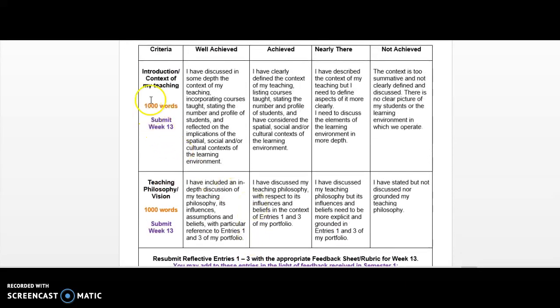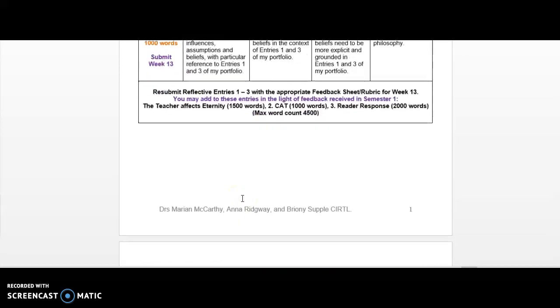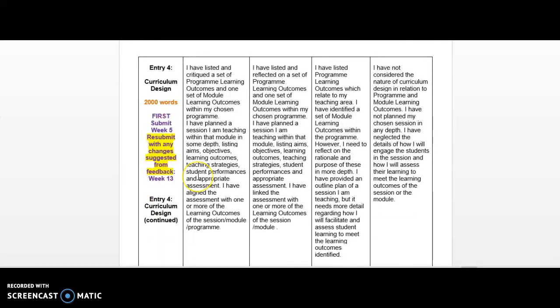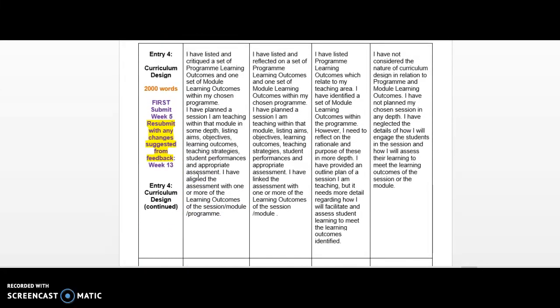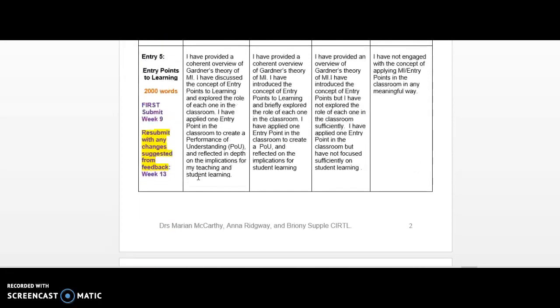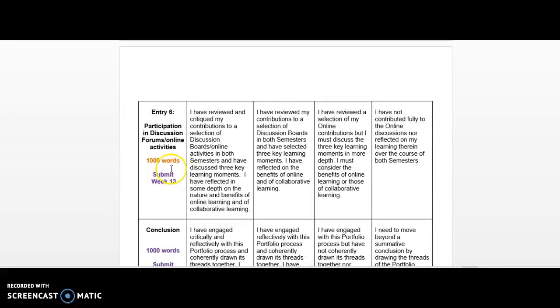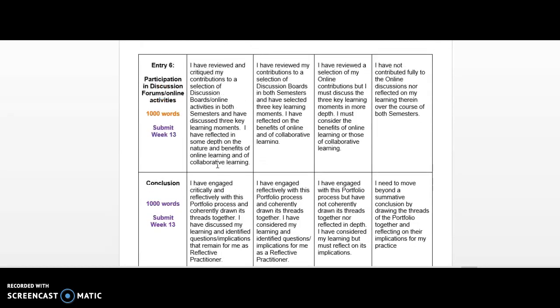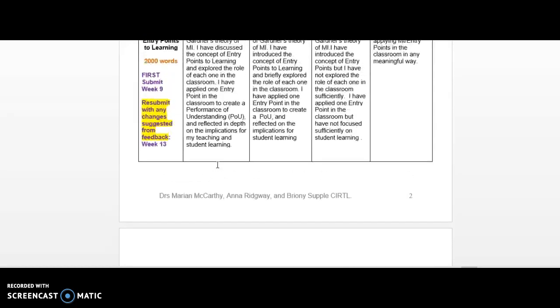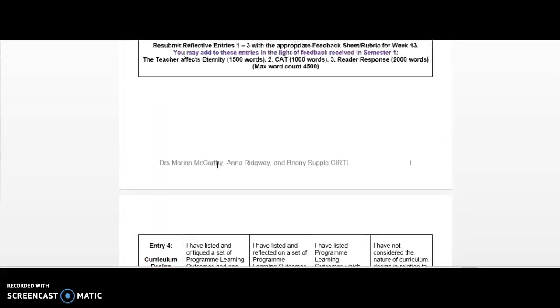You're writing an overall introduction and teaching context, so the introduction and teaching philosophy to the overall portfolio, as well as putting in entries 4 and 5, which reflect the feedback that your group facilitator may have written. Plus, you're writing entry 6, which is a short entry reflecting on your participation in the online environment, and a conclusion.